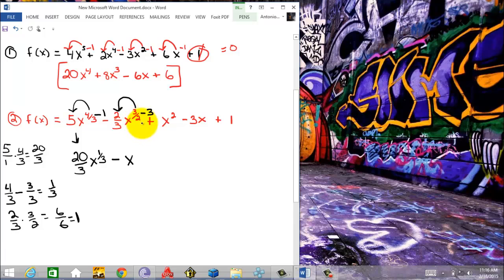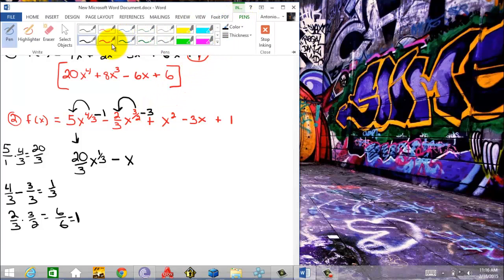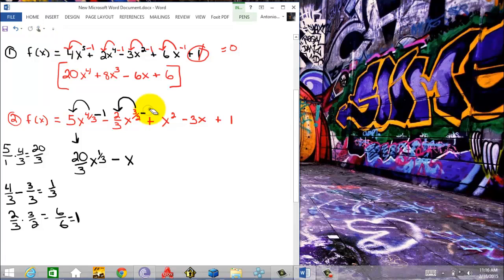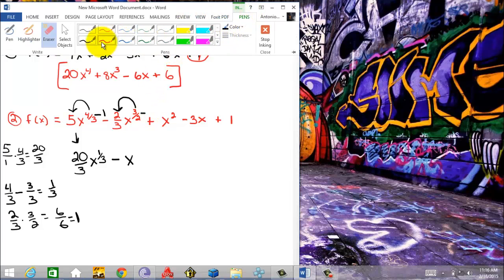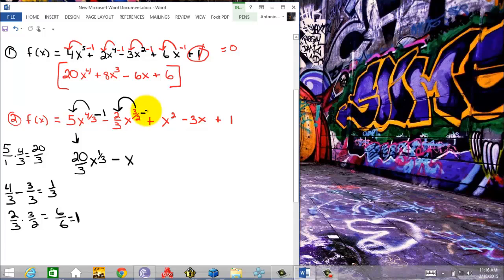If we're doing 3/2 minus 1, it would look something like this: 3 halves minus 2 halves leaves 1 half. So then I have x to the 1/2 power. Great.